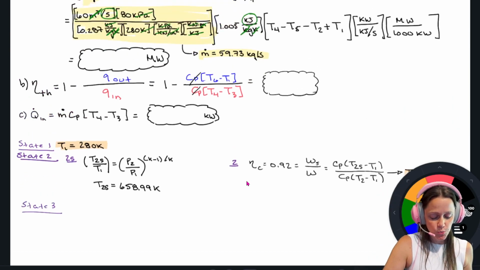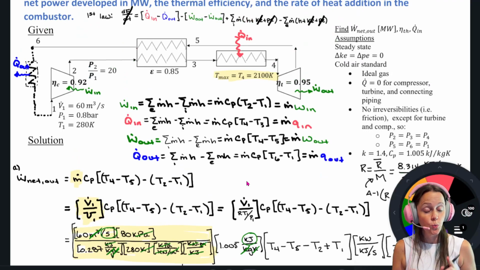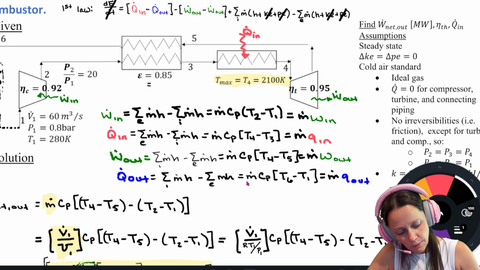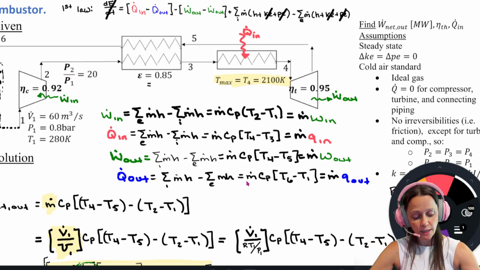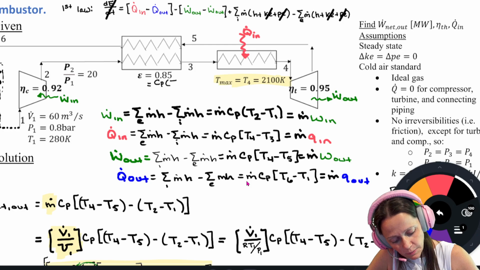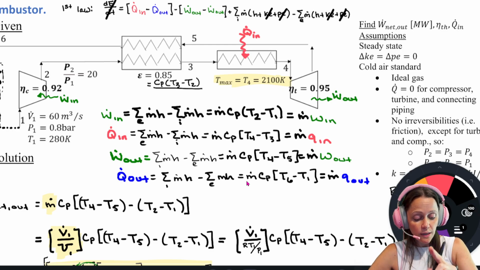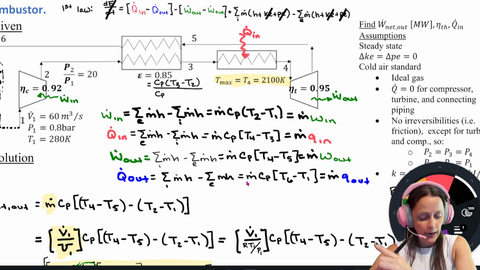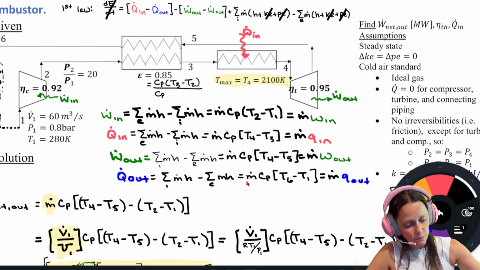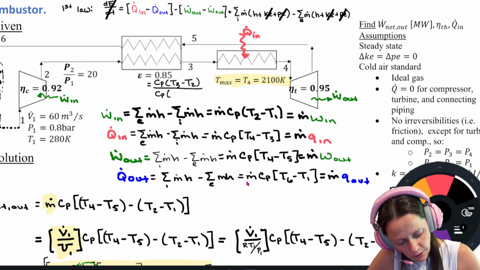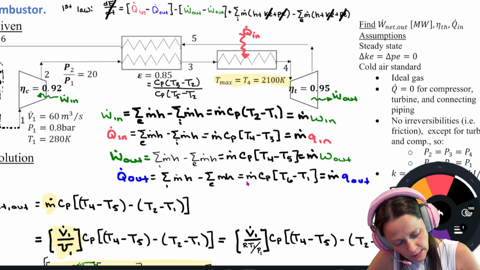Okay, so now state 3, which is not given to me. However, this is right after that regeneration process. So I'm going to use my equation for the effectiveness. Q regen is Cp times T3 minus T2 over Q regen max, which would be what the temperature of that working fluid would be if it heated all the way up to the same temperature as T5, the highest possible temperature it could be. So this would be T5 minus T2.